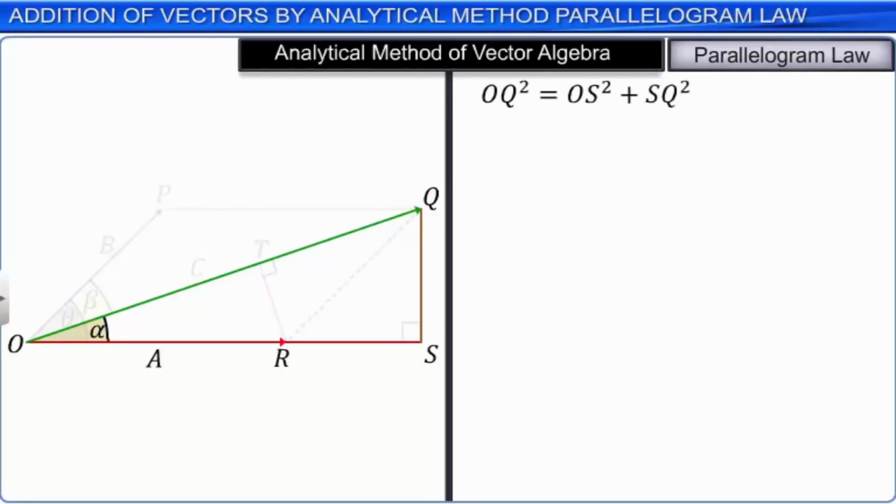As point R lies on the straight line OS, we can write OS is equal to OR plus RS, and OS is equal to A plus RS. Let this be equation 2. Consider the next triangle QRS.